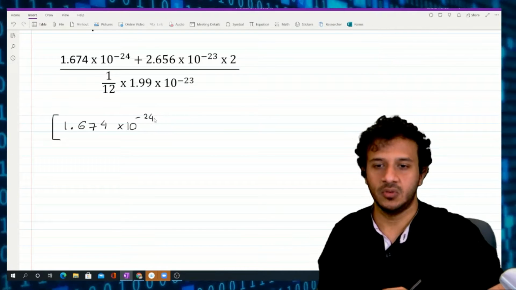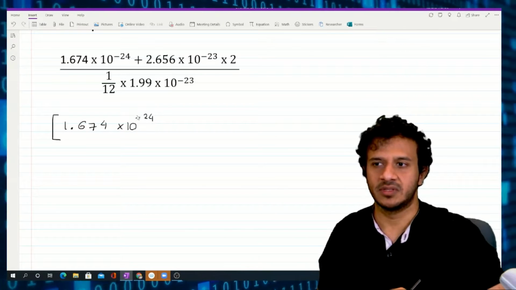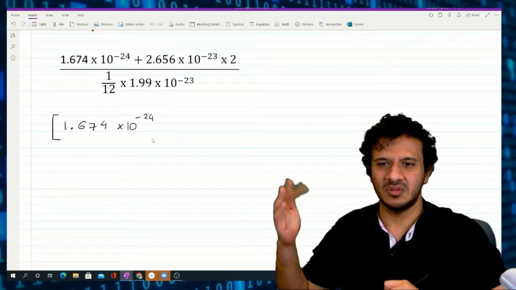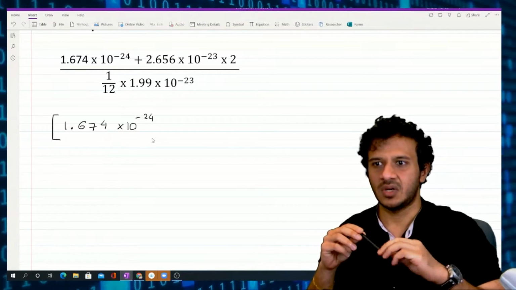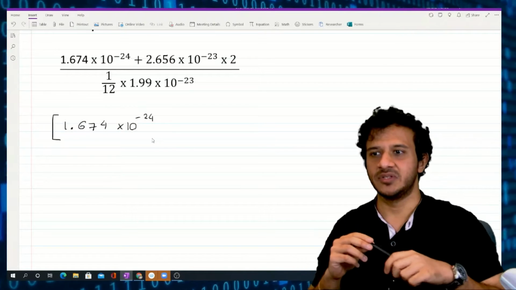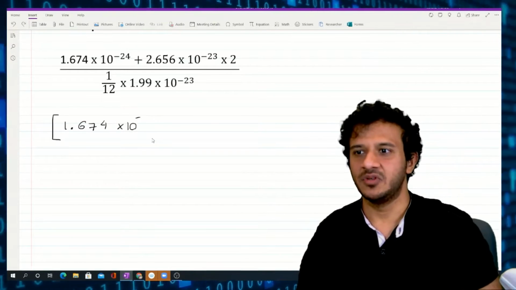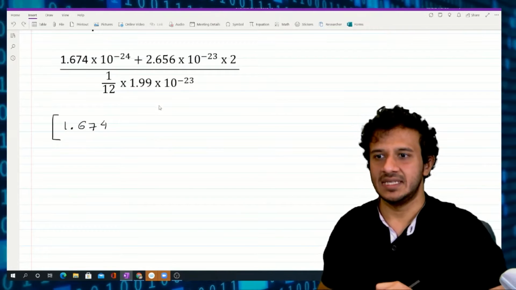I usually don't like to keep 10 to the power of negative. Negative powers belong to the denominator, isn't it? So I always tell my students to write it in the denominator. That would make your life much easier and simpler.